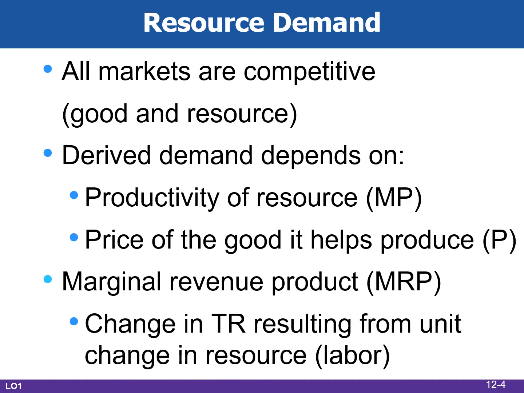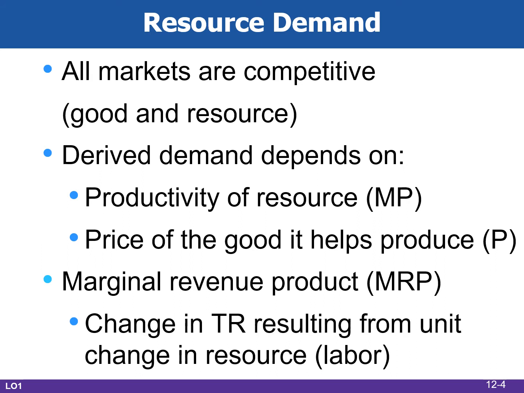The other aspect of the demand for a resource is the price of the good that the resource helps to produce. So if you think about how valuable the resource is, well, the resource has value because obviously if you add a worker to the factory, that new labor input is going to increase output, but how much can you sell the output for? What's the price of the good in the market?